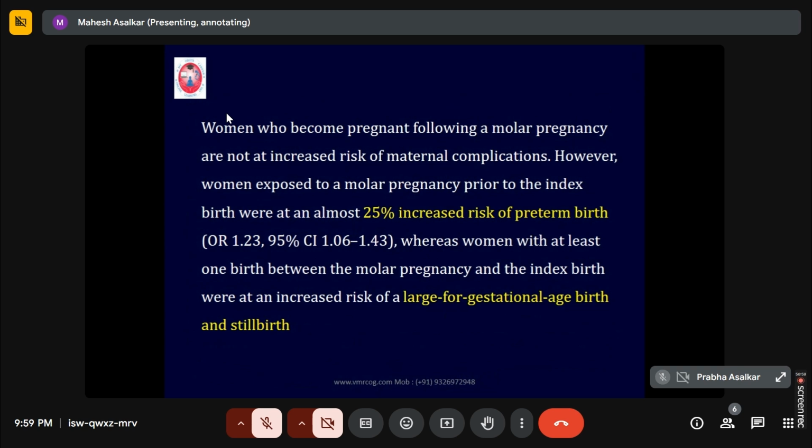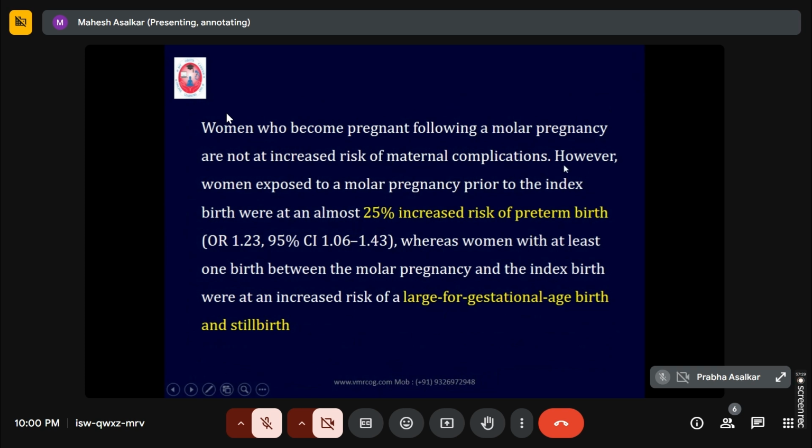However, women exposed to molar pregnancy prior to the index birth were at almost 25% increased risk of preterm birth, whereas women with at least one birth between the molar pregnancy and the index birth were at increased risk of LGA and stillbirth. Remember, women who become pregnant following a molar pregnancy are not at increased risk of maternal complication, nil, in a subsequent pregnancy.